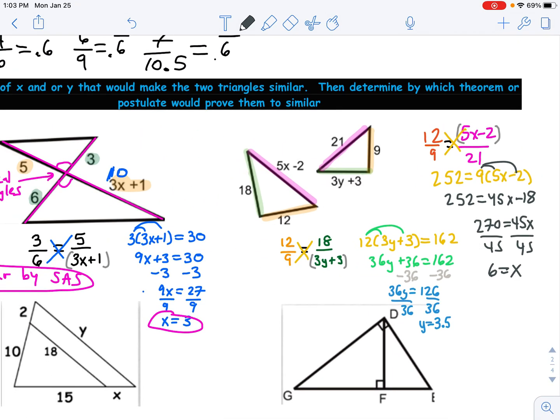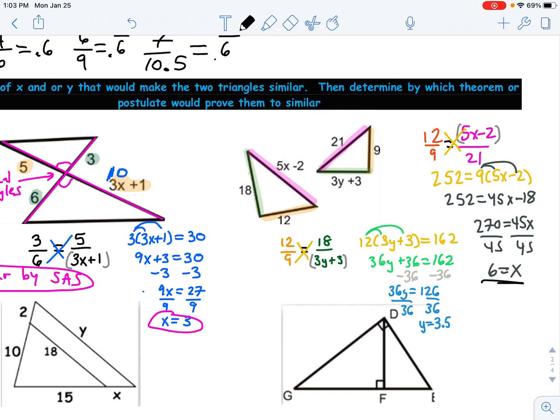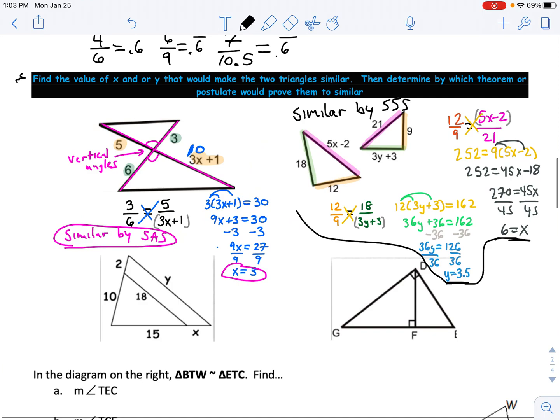And 6 equals x. All right, so somewhat of a challenge problem, a lot of problems going on. So in these two, x is 6 and y is 3.5, it's going to force these triangles to be similar by side, because all I have is sides, no angles.